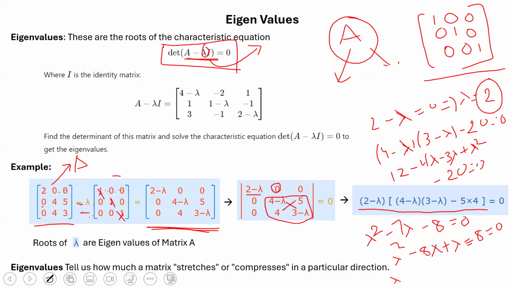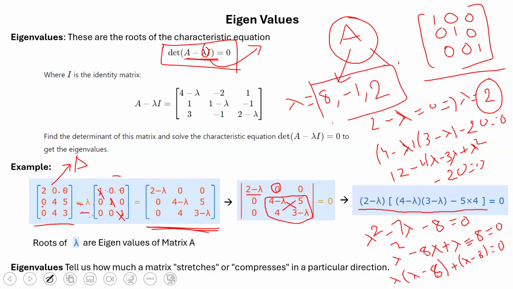Take lambda common: lambda into lambda minus 8 plus lambda minus 8 is equal to 0. So this becomes lambda plus 1 into lambda minus 8. So lambda will be 8, minus 1, and 2. These are called the eigenvalues of the matrix A.